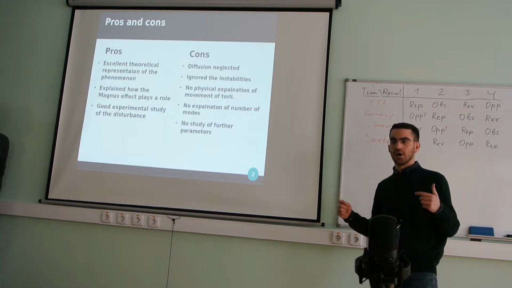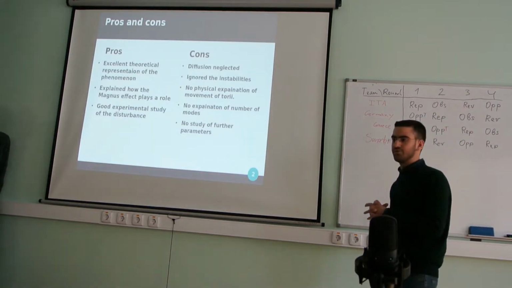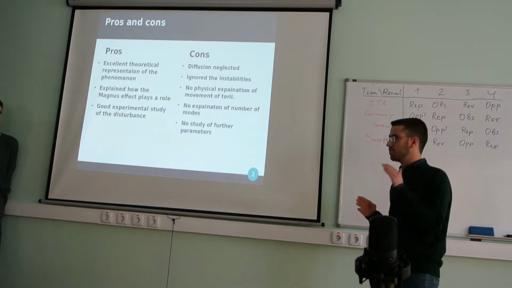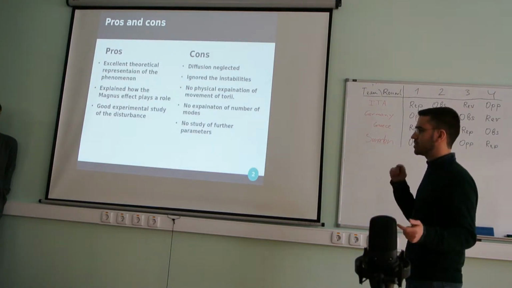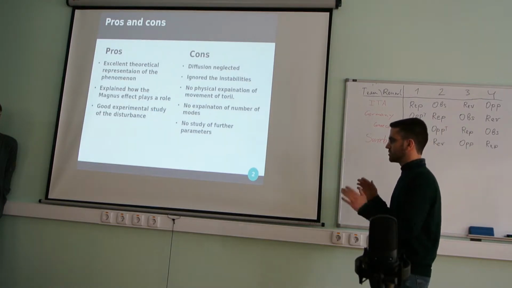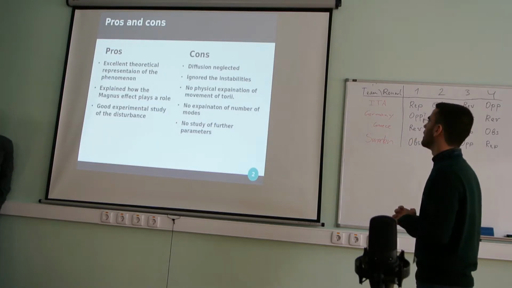However, you neglected the diffusion completely, which actually plays a role in bigger depths, and you can actually find some characteristic times, and so on and so forth. We'll discuss this later.